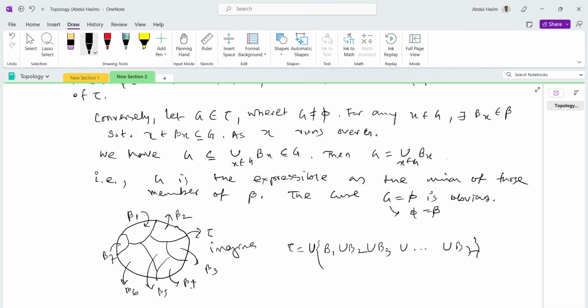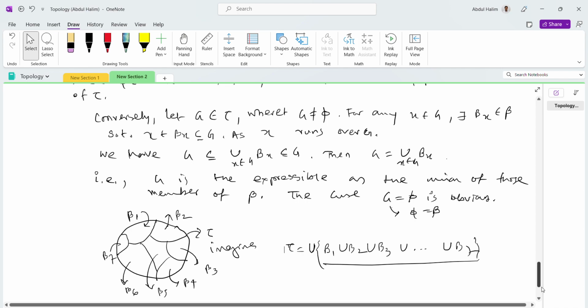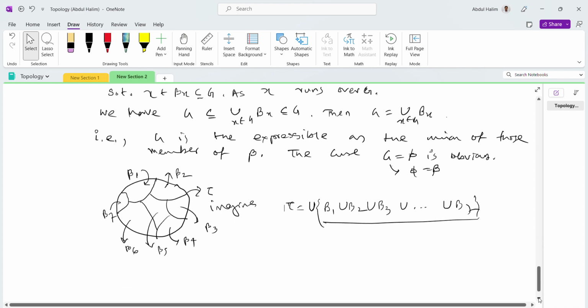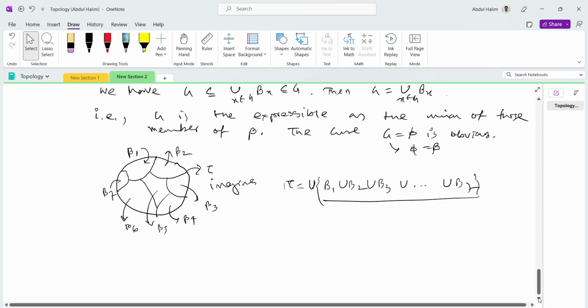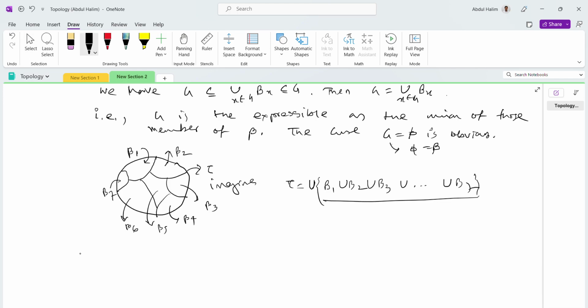You can sometimes write it as B alpha in beta, because sometimes you may think of collections of it, so it may sometimes be true or sometimes false, but here we think that all are B. So tau is equal to the union of the collections of B1 union B2 union B3 union and so on up to B7.